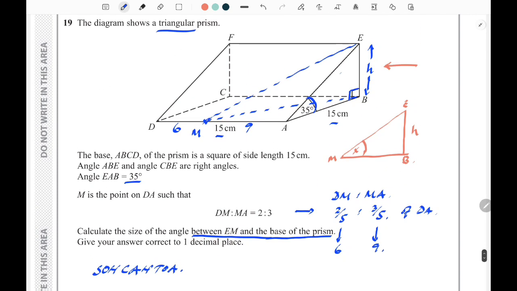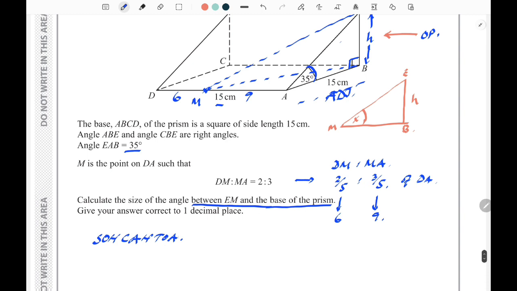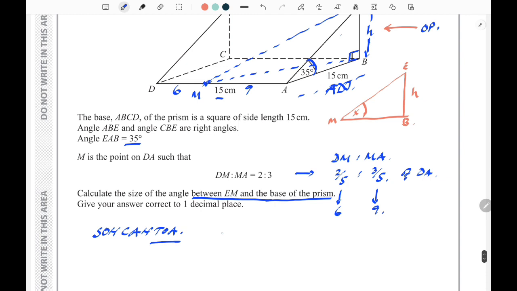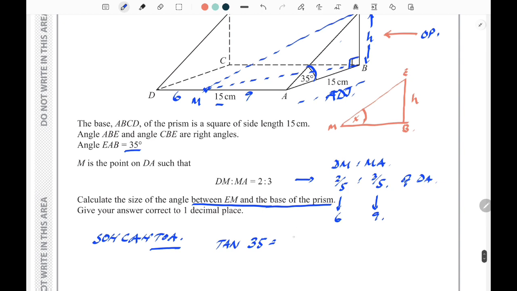For this angle 35, the height EB is actually the opposite, all right? And we know the base, right there, that's the adjacent. So we want, in this case, something that links the opposite to the adjacent. So that's going to be tan, all right? So the statement is tan 35 equals H, so opposite, over the adjacent, which is 15, all right?